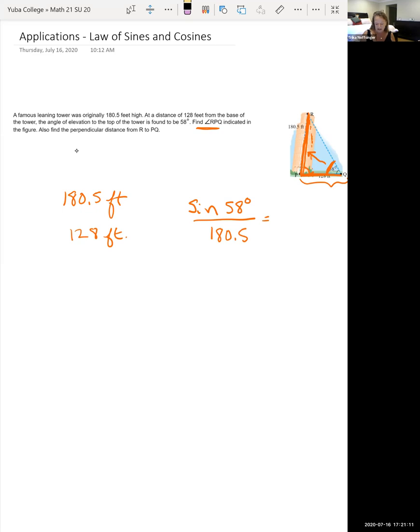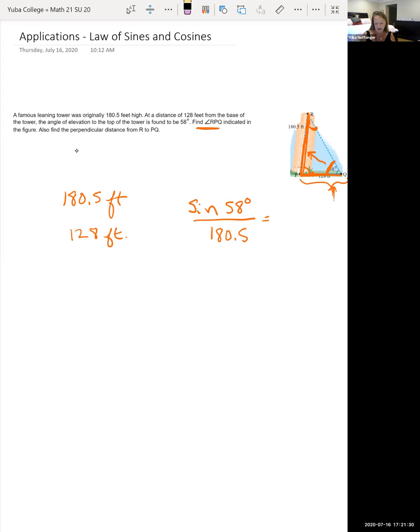We also know this length in here. So when I'm doing this, I would first be finding the only thing I can find right now, which is this angle across from this side.